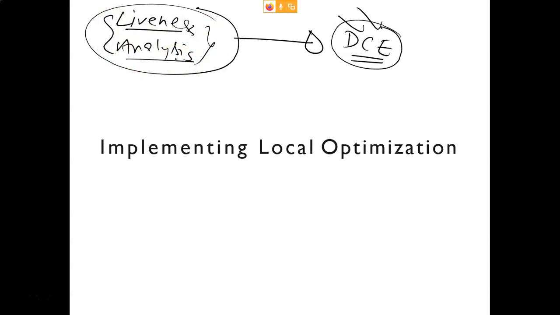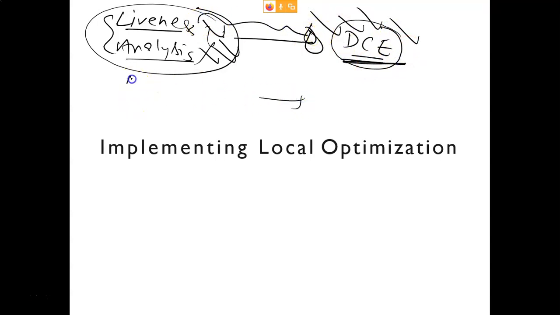This analysis will tell you at what point of the program which variable is alive and which variable is dead. At every statement, at every instruction, liveness analysis is going to give you the set of live variables and the set of dead variables. After this liveness analysis, you can apply the dead code elimination. So remember, dead code elimination is a technique, and this analysis is going to help you in this technique.